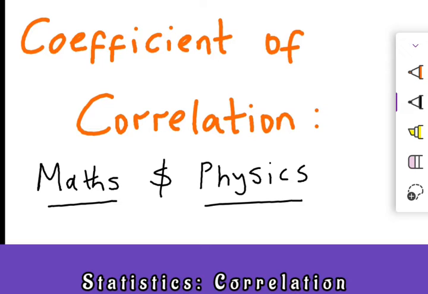And secondly, when calculating the correlation coefficient, first of all, let's talk about what we mean by correlation coefficient. Correlation coefficient is simply the degree of this relationship. How strong is this relationship? Is it very strong, or is there no relationship at all?